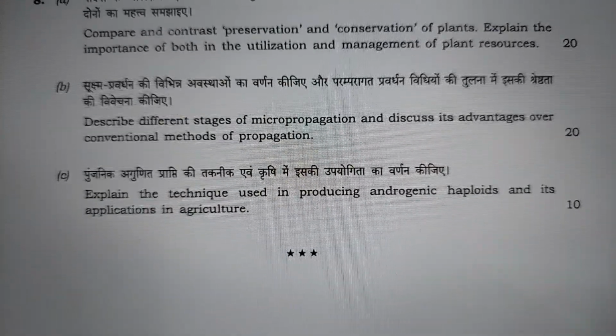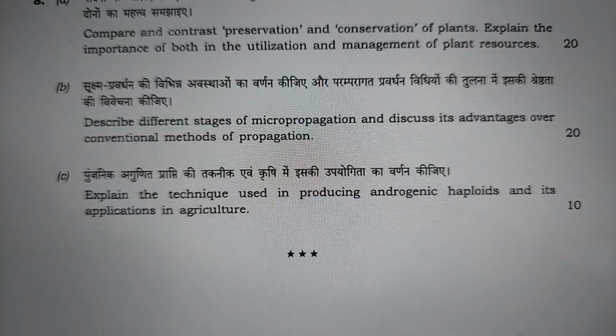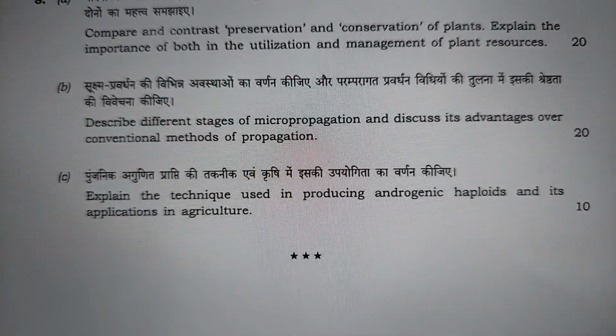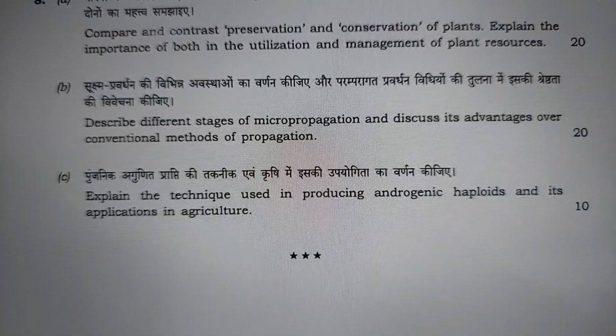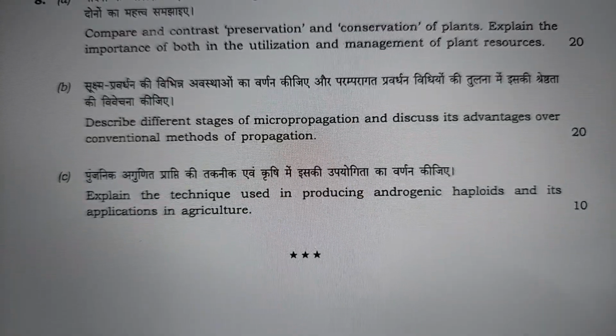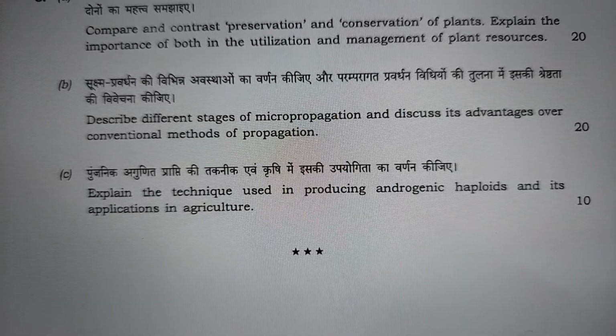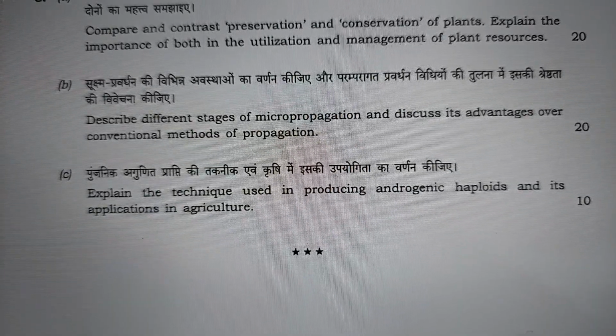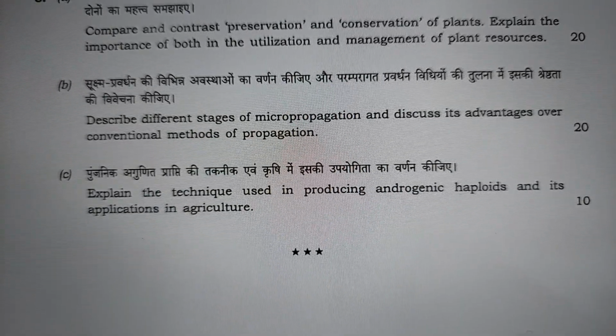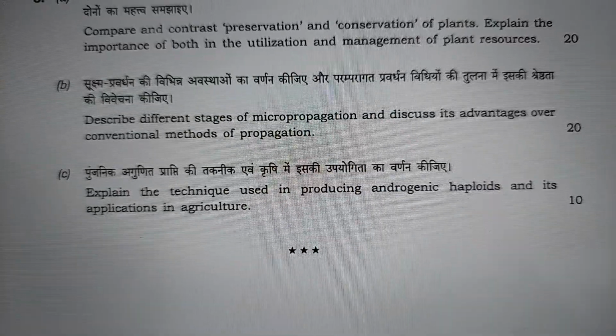Option C is explain the technique used in producing androgenic haploids, that means from pollen culture, and its application in agriculture, 10 marks.